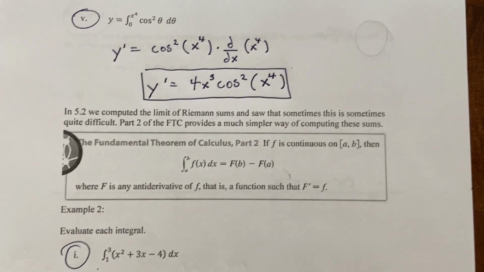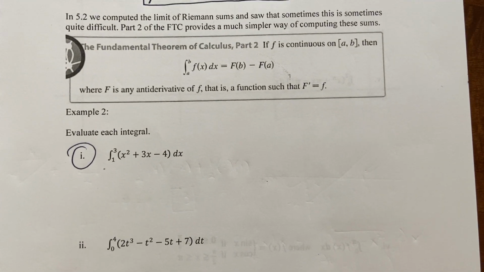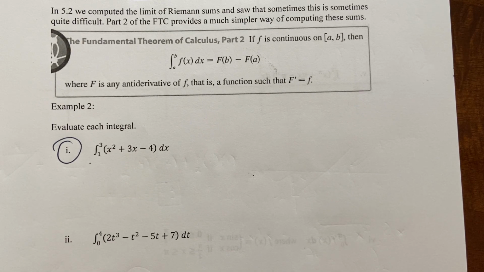So as I was saying, there's two parts to the fundamental theorem, and the second part is really, I don't want to say the more important part, but it's really the part that you emphasize going forward because it allows us to integrate so easily.